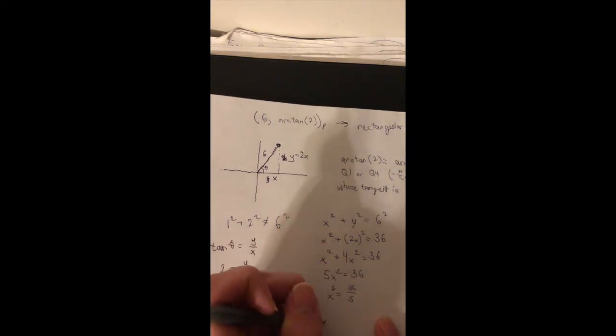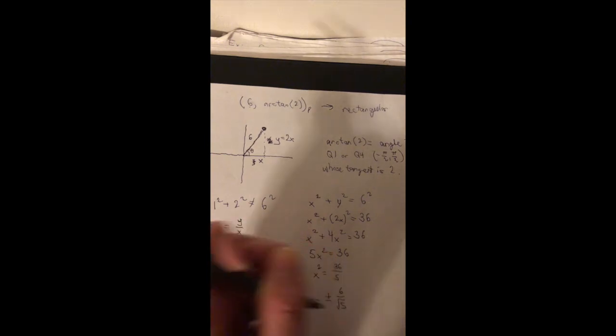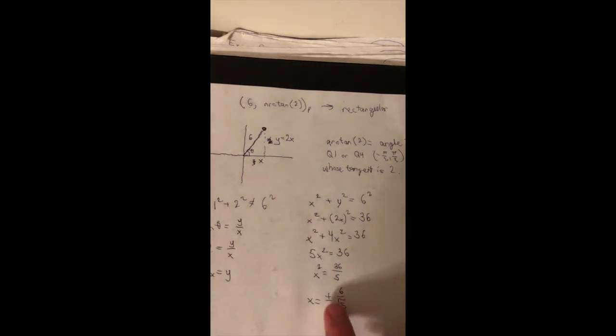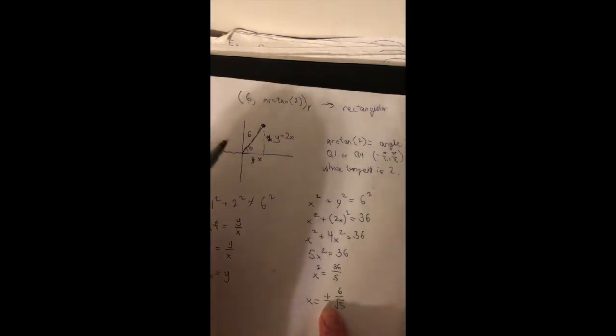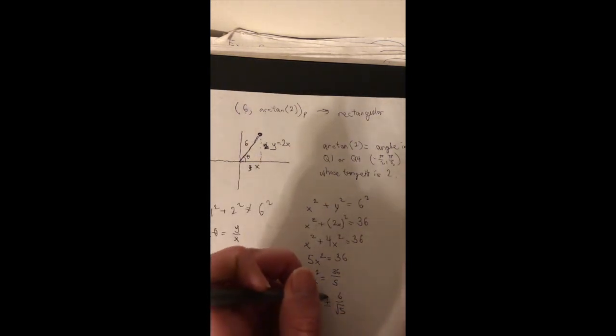So x is going to be plus or minus. Now, if I'm square rooting both sides, I need that plus or minus. But if I think about what the sign has to be, remember I'm in the first quadrant, so x is going to be a positive 6 over root 5. And y is going to be double that, so y is going to be 12 over root 5.